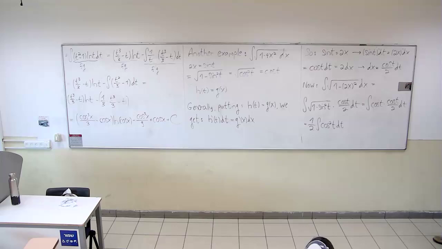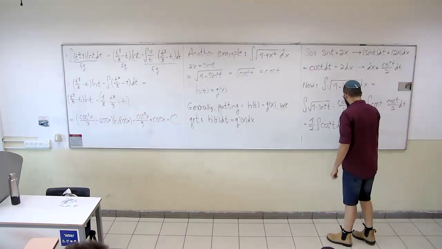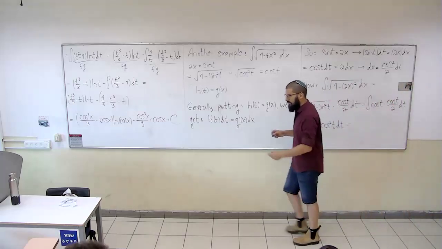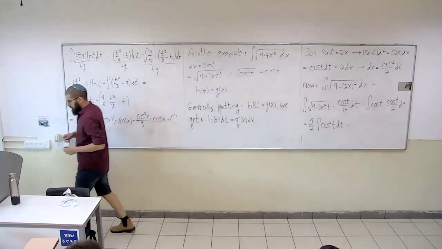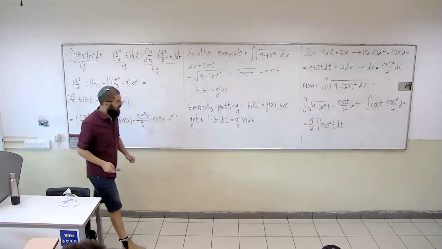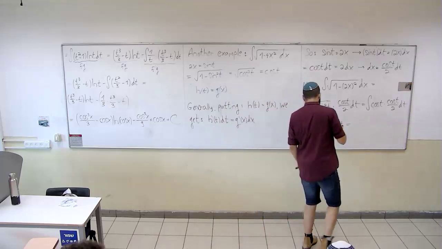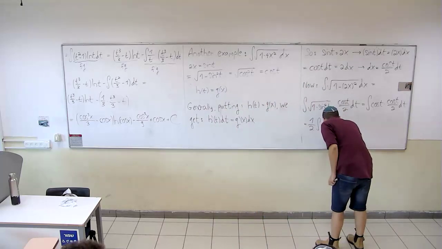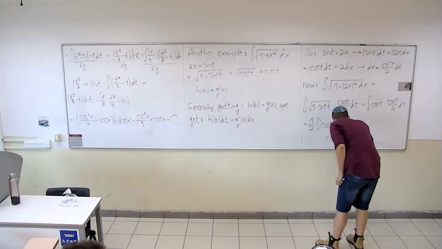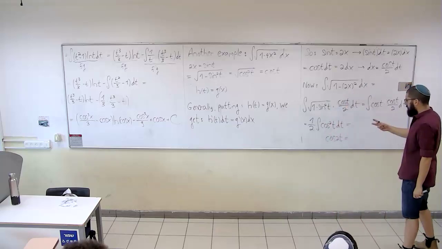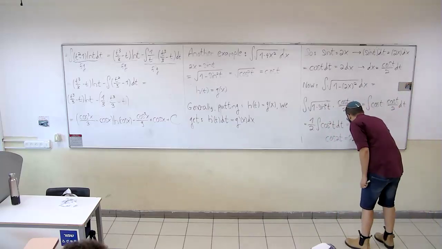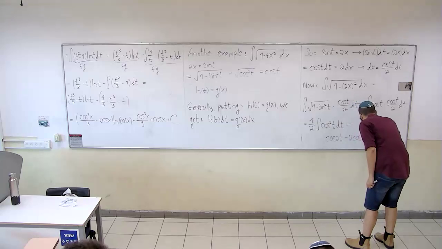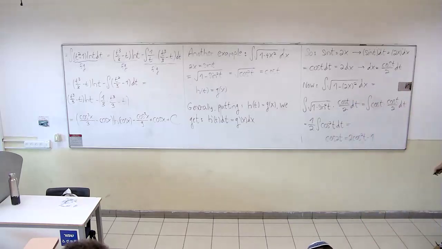When we get cosinus squared or sinus squared, we use the double angle identity. Cosinus 2t is 2 cosinus squared t minus 1. Yeah, of course.